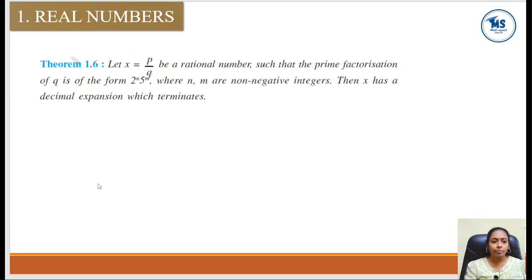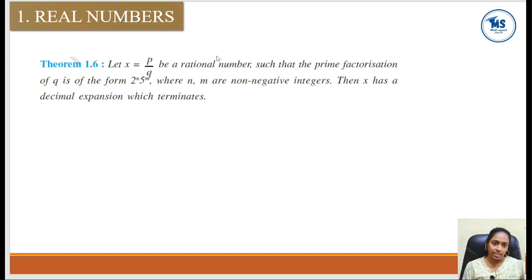Next theorem says that let x is equal to p by q be a rational number such that the prime factorization of q is in the form of 2 power n, 5 power m, where n and m are non-negative integers. Then x has a decimal expansion which terminates. This is exactly the converse of the previous theorem, no?